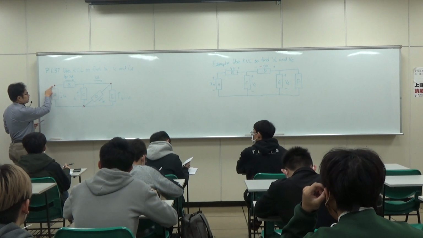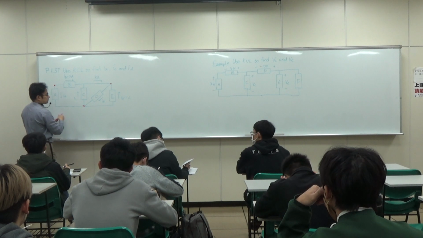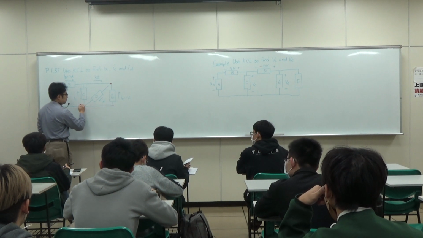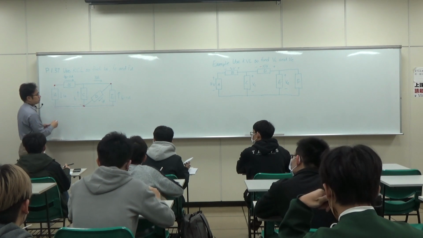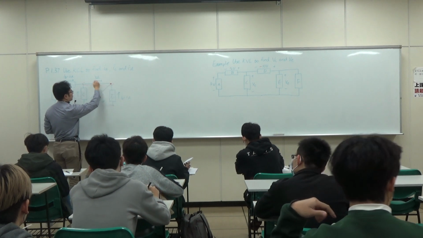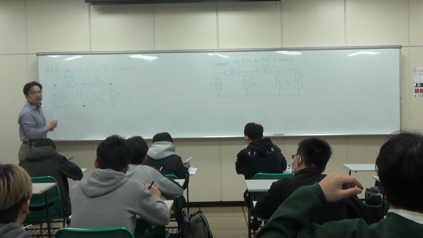Why? Okay, this node connects at least two elements, and this node, you can think this is a big node because they are connected together. Okay, so the second node. The third node here. This node connects to 1, 2, 3, 4 elements.